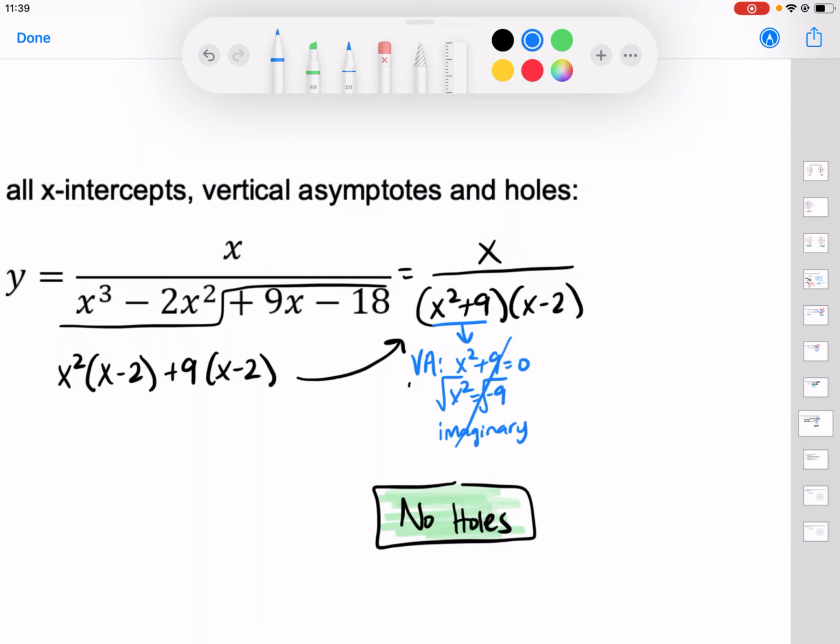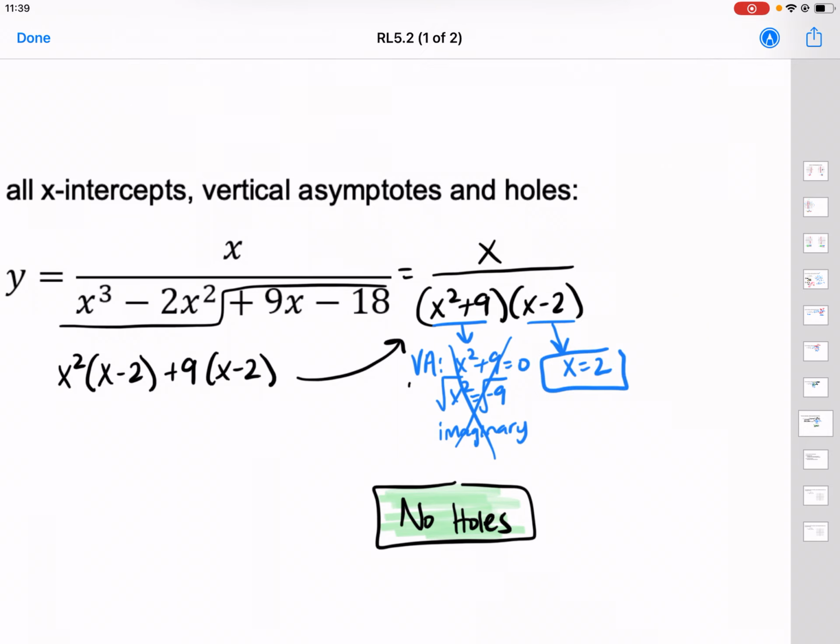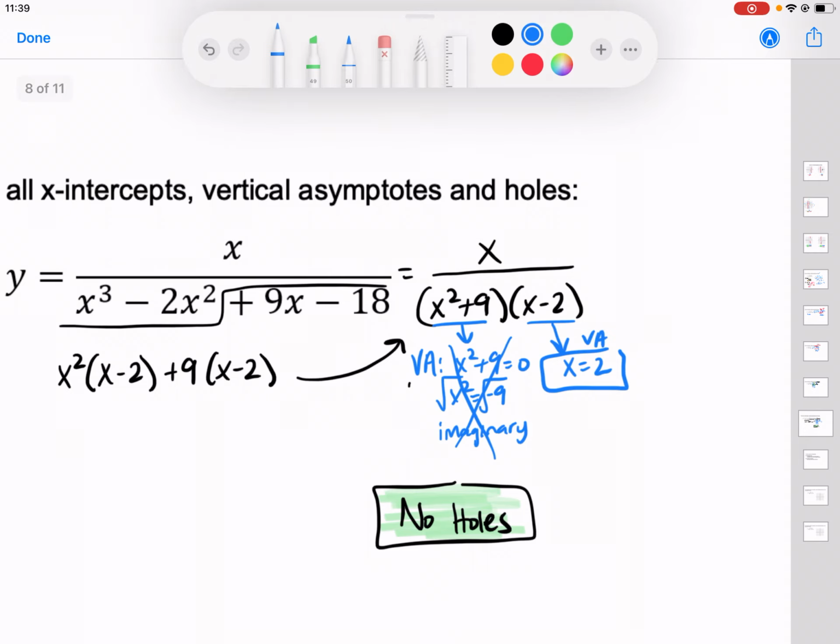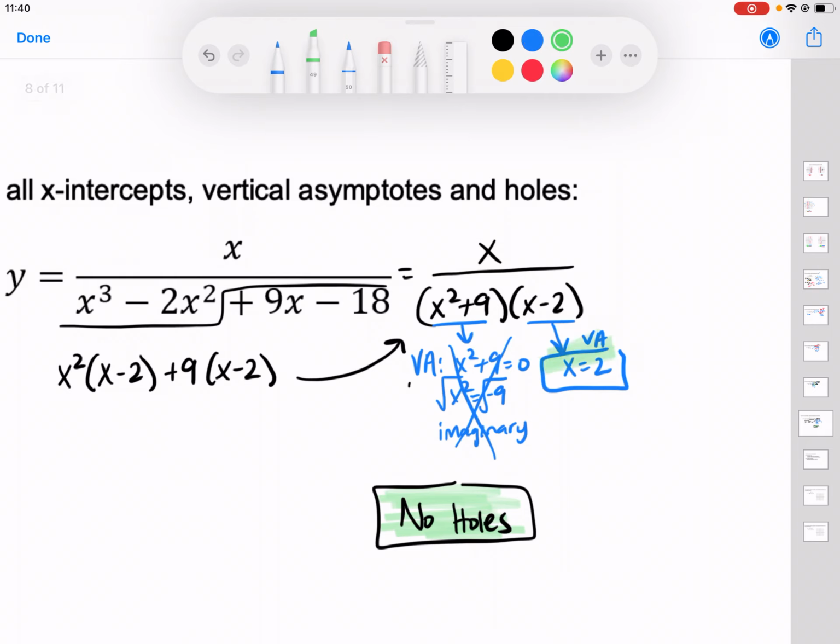Imaginary numbers you get rid of, so we ignore those. So this one, though, would give me x equals positive 2. So that is the only vertical asymptote right there. So let's highlight that one.